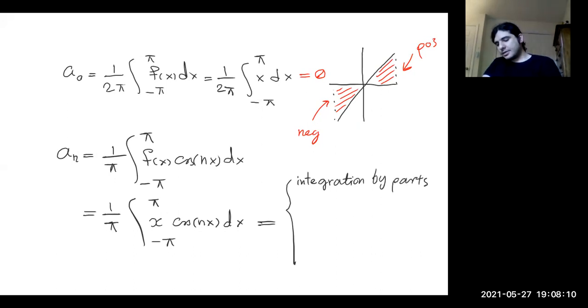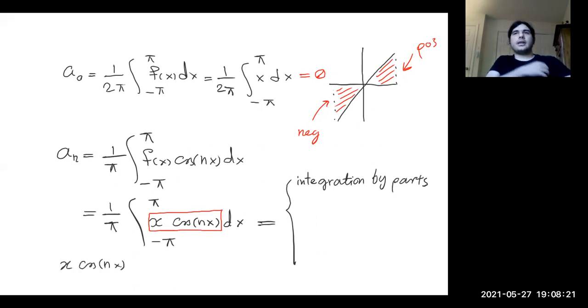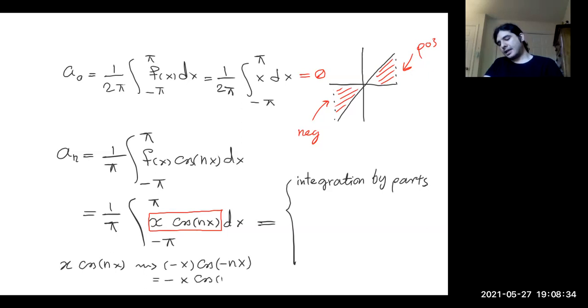The other way is noticing that what we have inside the integral, x cos(nx): if I replace x with minus x, I would get minus x cos(minus nx), which is equal to minus x cos(nx). So if I change x to minus x, the integrand becomes negative, right? These functions are called odd functions.